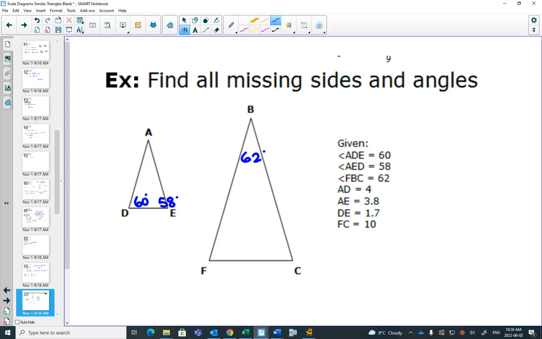FBC is 62 degrees. A to D is 4. So I put a 4 there. A to E is 3.8. Put a 3.8 there. D to E is 1.7. And F to C is 10.